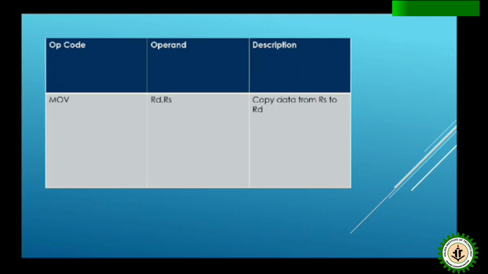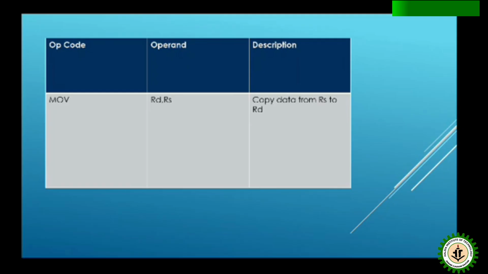If I write MOV B, C, then C is the source register, B is the destination register. If the original data is there in A, and I want to copy the data into D, what do I write? MOV D, A. That is, the source register is written later than the destination register.